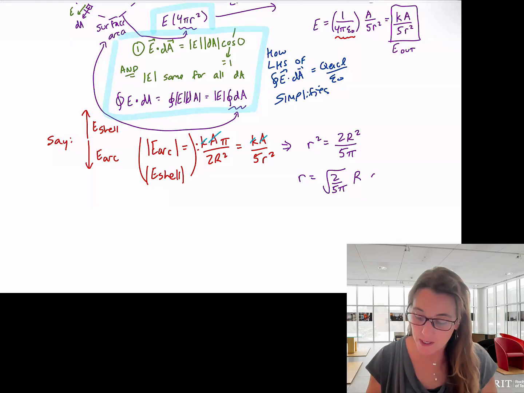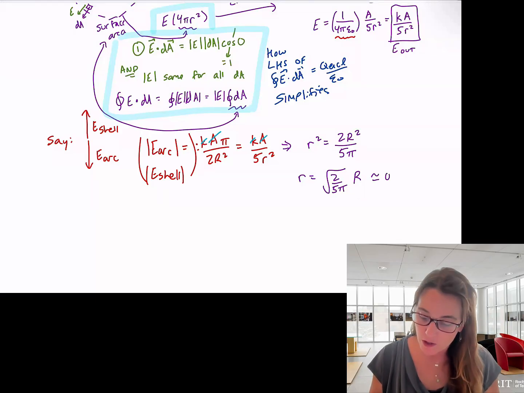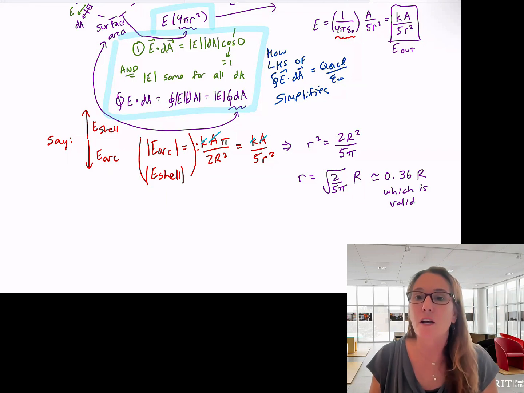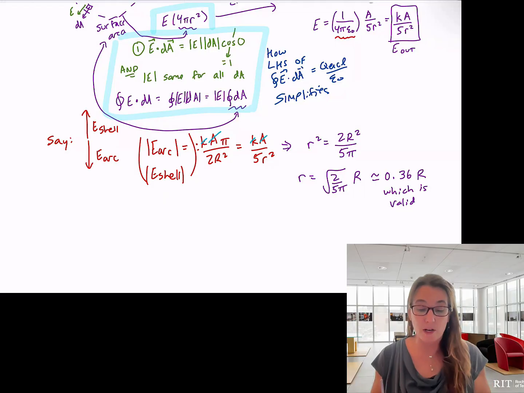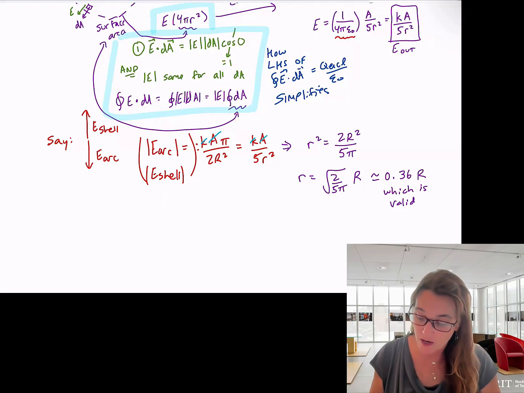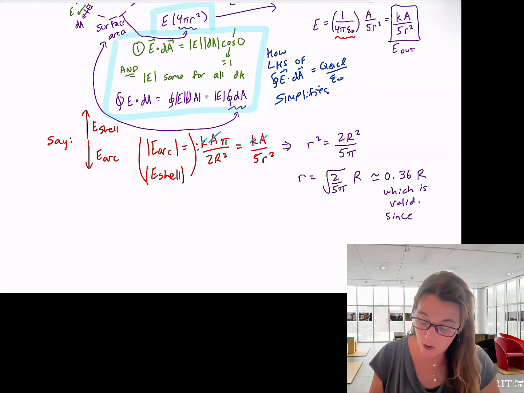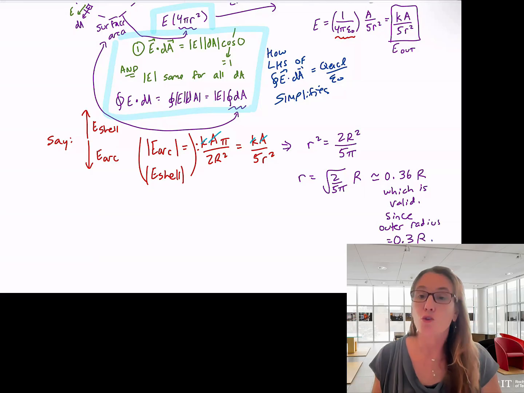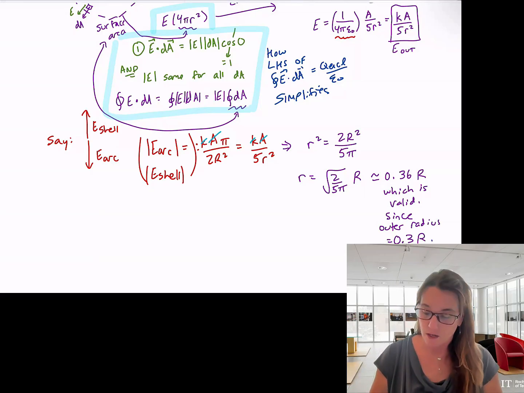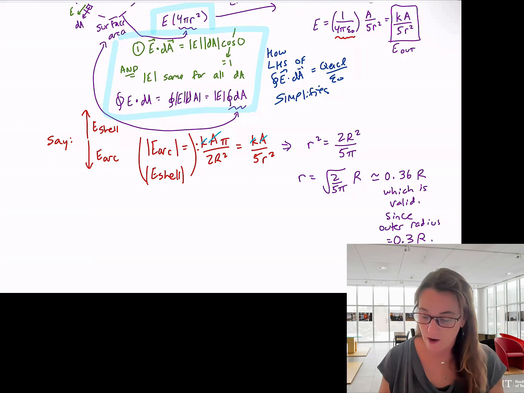This result ends up being approximately equal to 0.36 times R, which is valid because we can see that this is in fact going to be greater than the radius of the shell which we were provided, since we were told here that our outer radius of this was equal to 0.3 R. So if we had gotten something here that was not valid, then we would know that we would have no potential result.